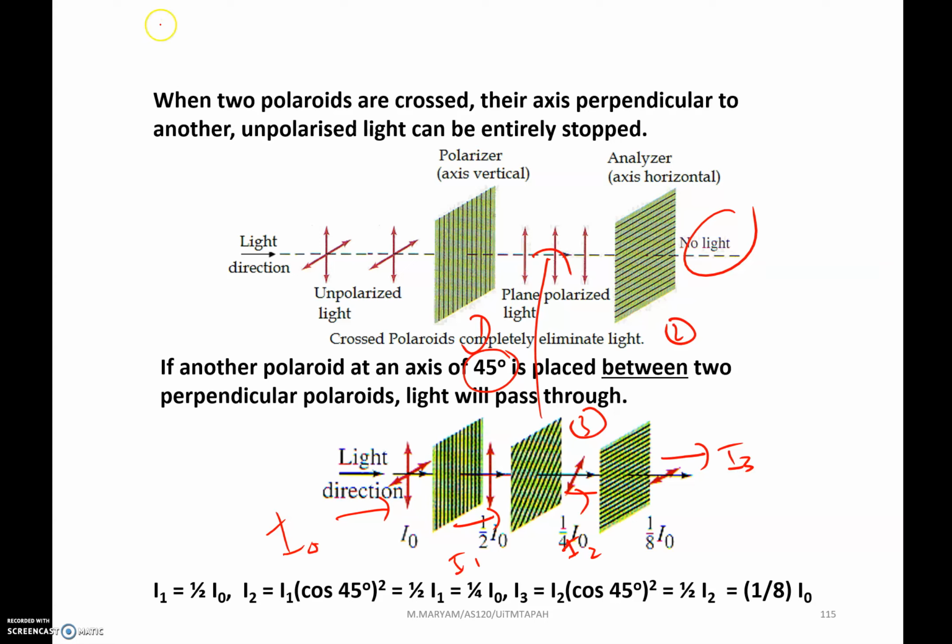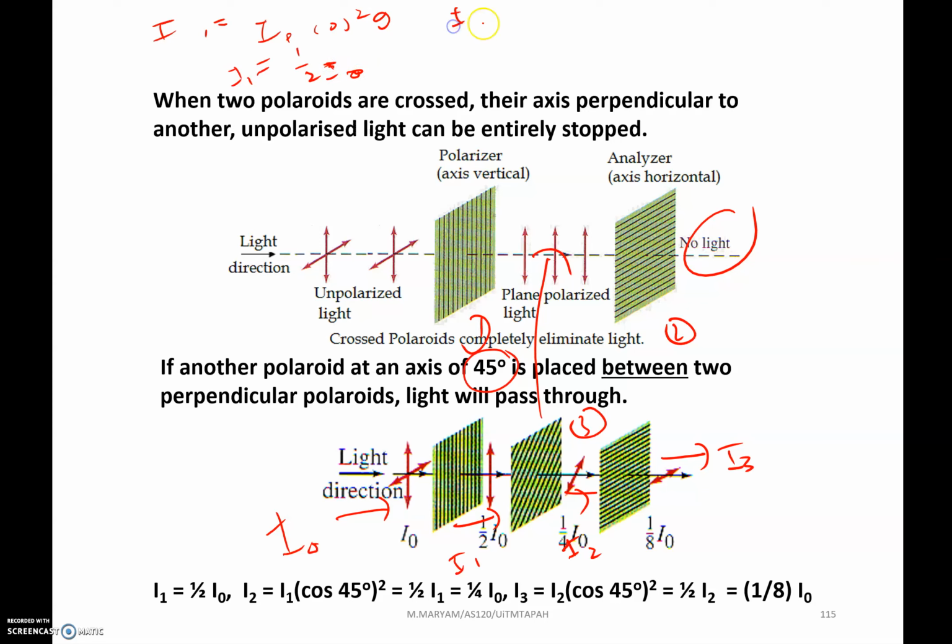I1 will be equivalent to I0 cos squared theta, which was the equation that we learned before. But remember, for the first polarizer, there is no angle before that, so you cannot apply cos squared theta. Simply put, I1 is equivalent to half of I0. That will always be the value of I1.